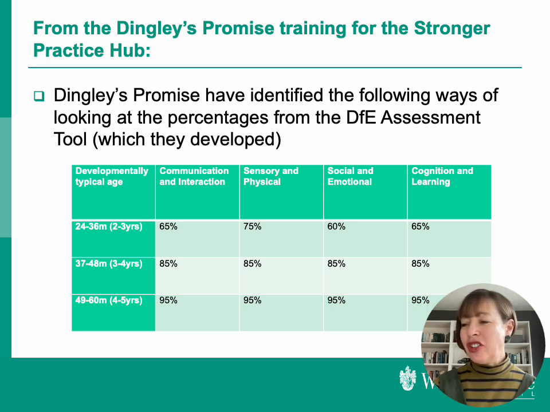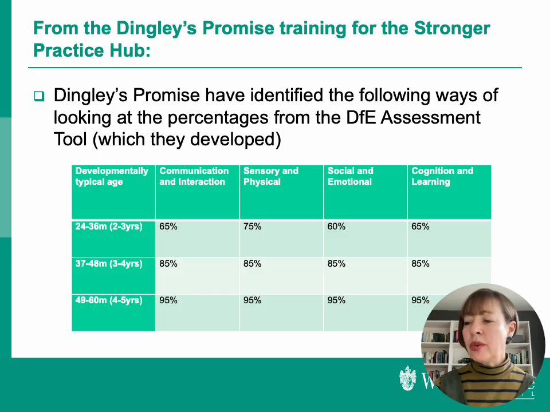So in communication and interaction at 2 to 3 years, we'd be looking at 65% as a developmentally typical score. At 3 to 4 years old, we're looking at 85%, and at 4 to 5 years old, we're looking at 95%.